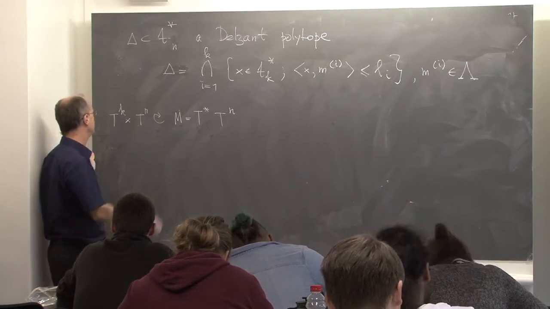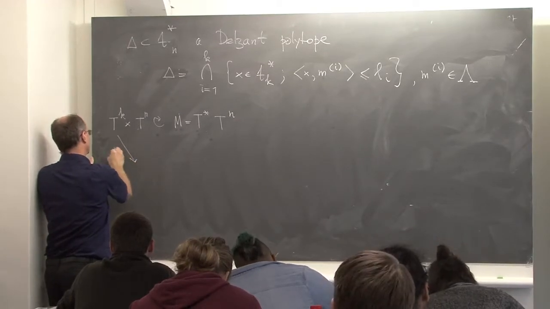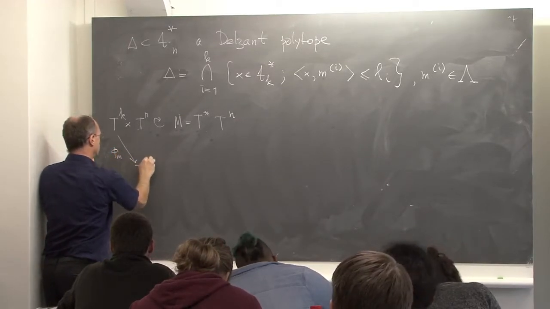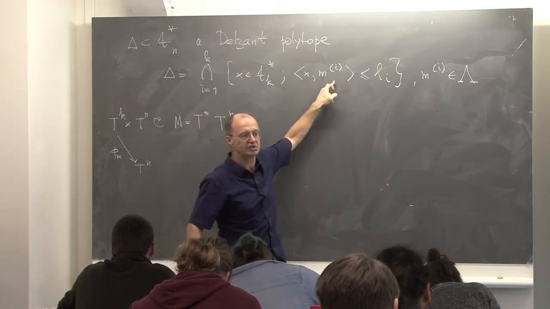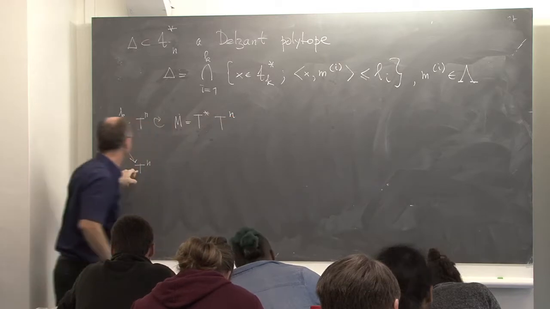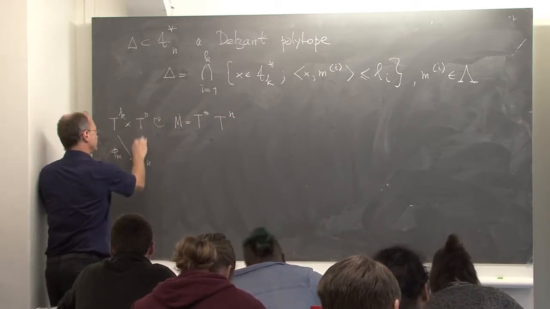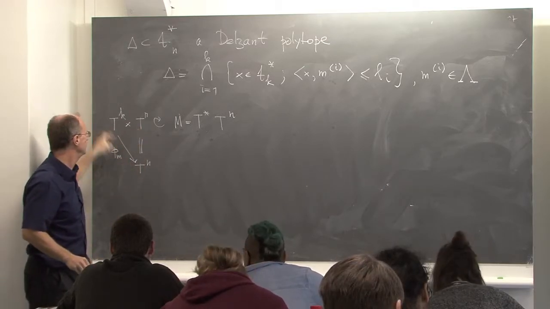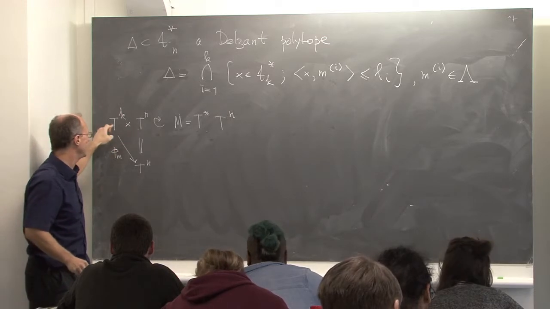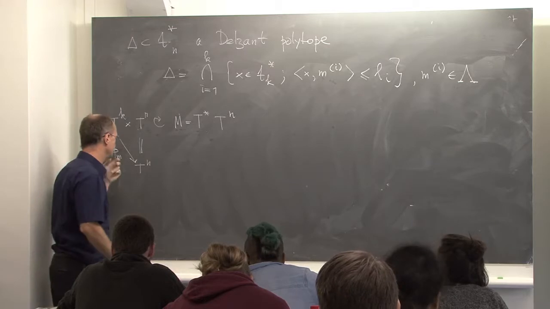And now how does Tk act? Well, we map it by phi m, defined by all this set of m's, to Tn. And Tn acts on it. So this Tk action is induced simply by the Tn action.